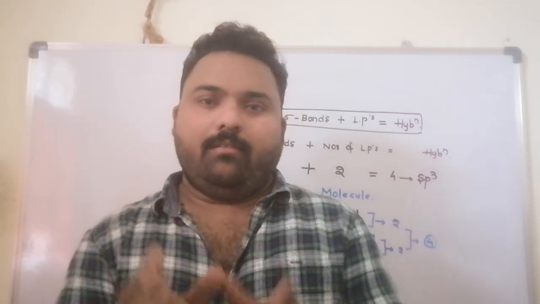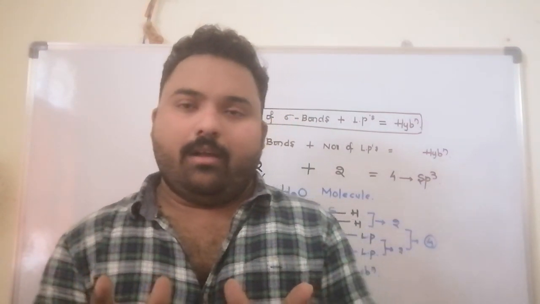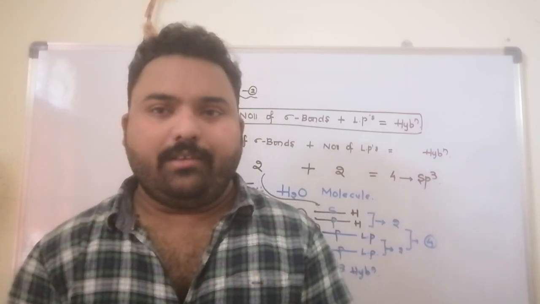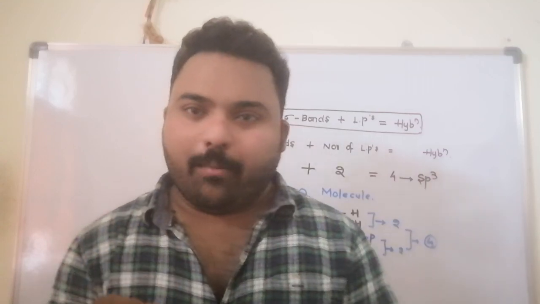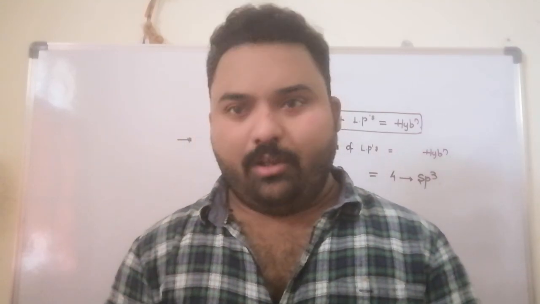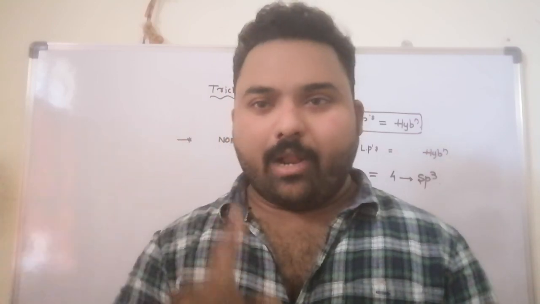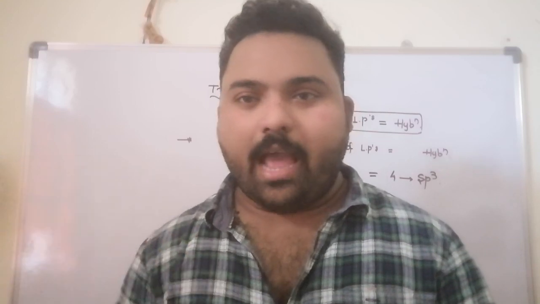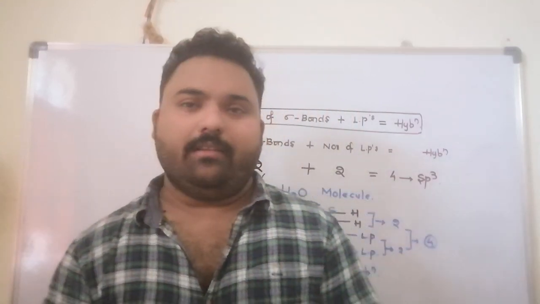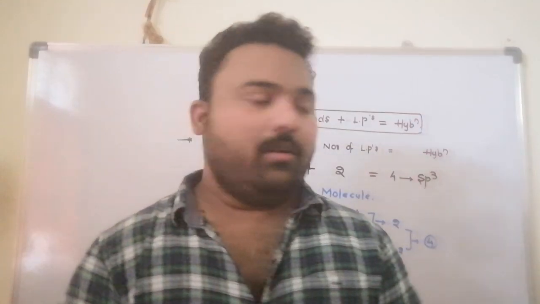So like that, there are these two simple tricks. The first trick is very simple. It is very useful when the molecule does not have any lone pairs. By taking the number of bond pairs or sigma bonds, you can easily calculate the type of hybridization of the central atom in a molecule.